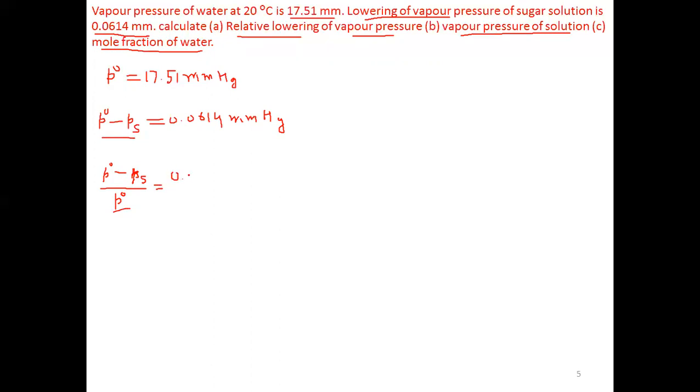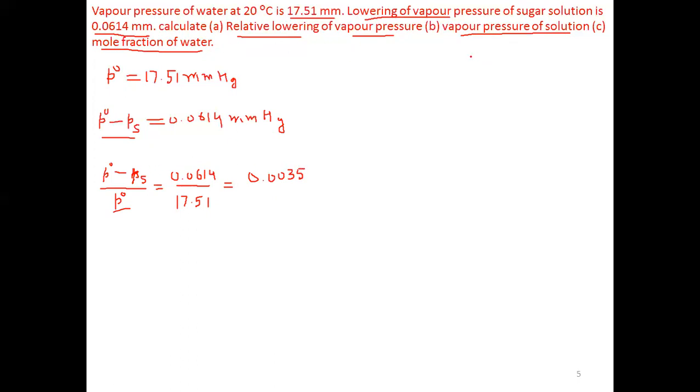So 0.0614 divided by 17.51. Its value will come out to be 0.0035. So this is the relative lowering of vapor pressure.